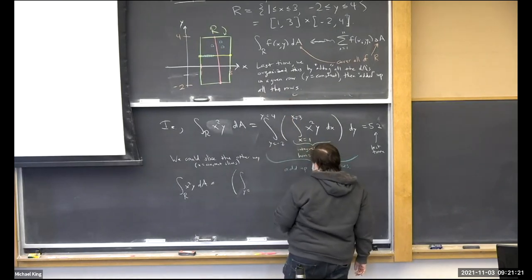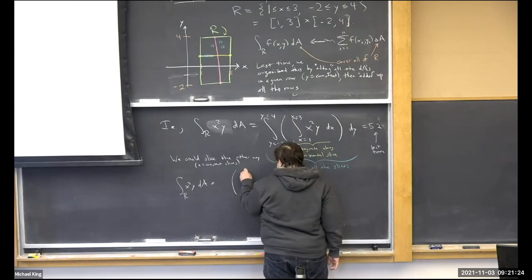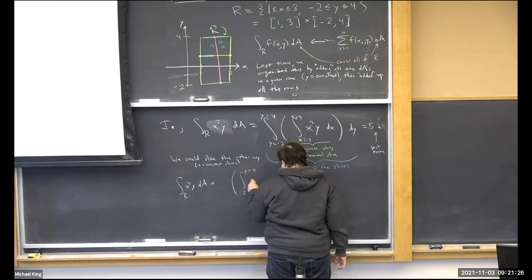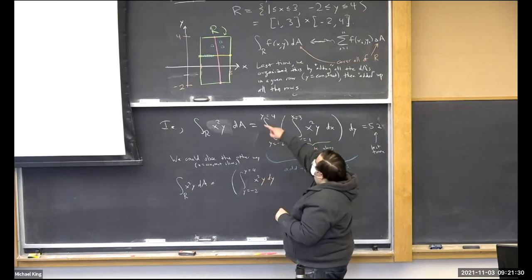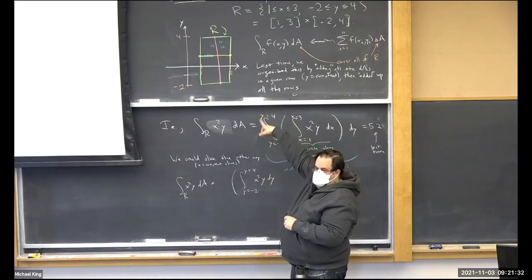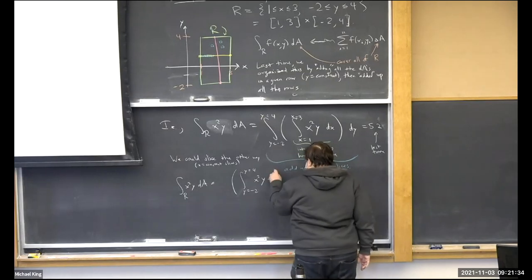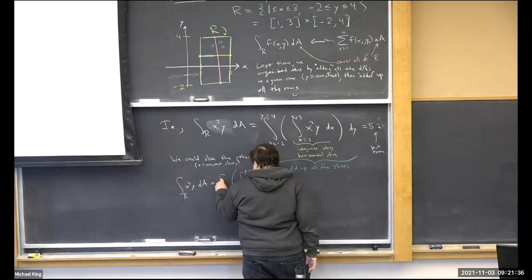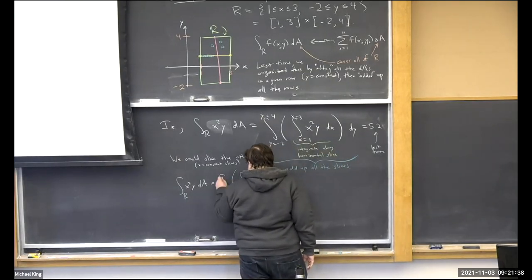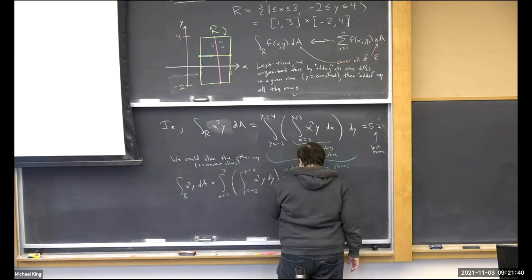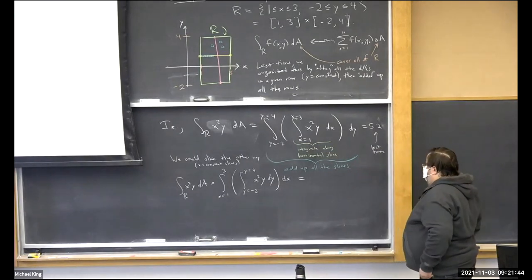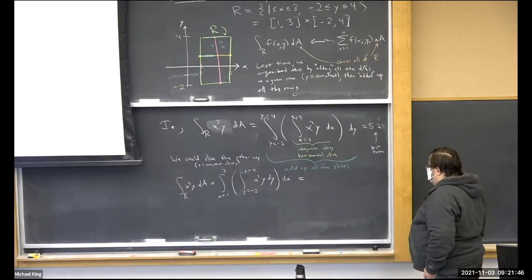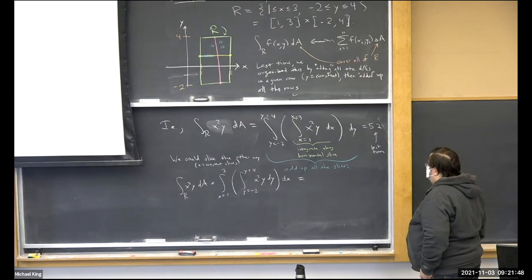So the inside integral would be from -2 to 4. In fact, you're really just switching the bounds, kind of, right? Except now this is a dy integral because we're integrating up and down. So in dy. And then the outside integral is from 1 to 3 dx. Okay. And let's just see that we get 52 again. Let's just see if this makes sense.